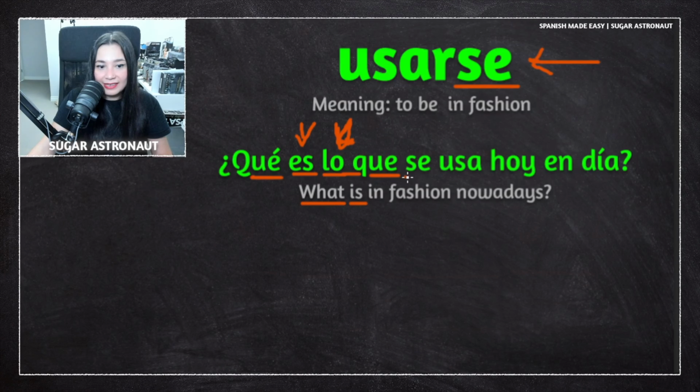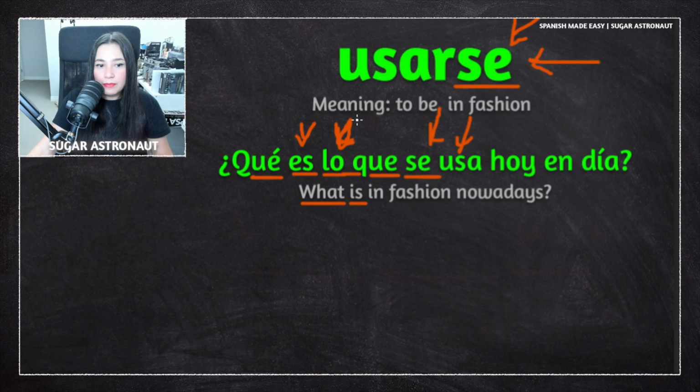I know it's a lot. Se is also a reflexive pronoun and it means a bunch of things itself. So we have it twice here. I know it is confusing, but do you know why we have it here? Because we have the verb usar, and usar can use reflexive pronouns.